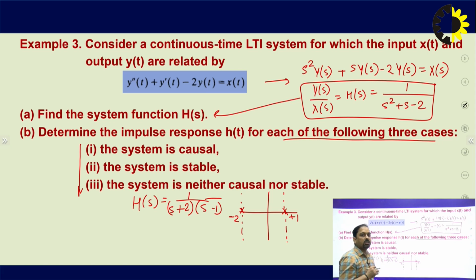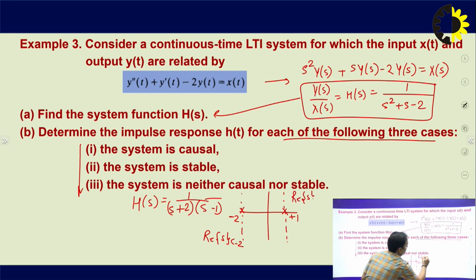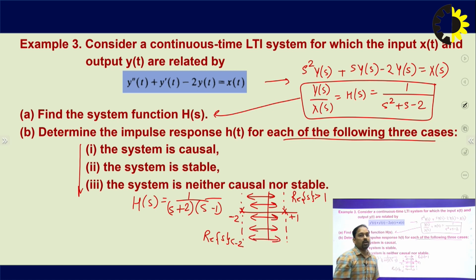We have three possible ROCs. The first possible ROC is to the left, real part of s less than minus 2. Here we have real part of s greater than 1, and we have real part of s between minus 2 and plus 1.